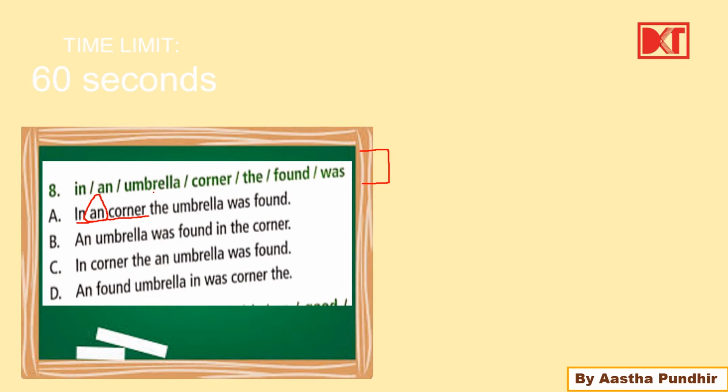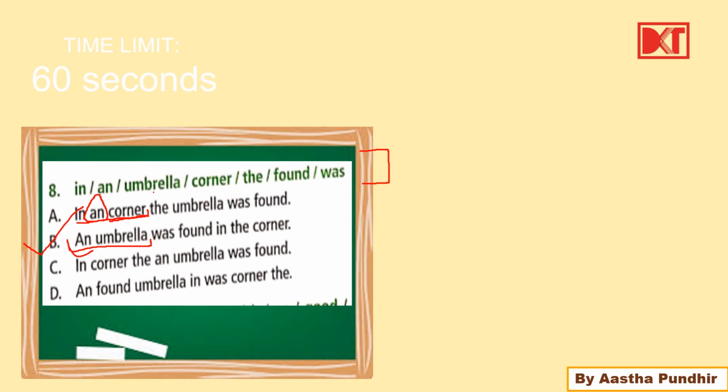And here the noun is corner and it is beginning with a consonant sound. And an is used with a vowel sound. This is incorrect. The correct answer is B, because here you see an umbrella, the subject, and the predicate was found in the corner.